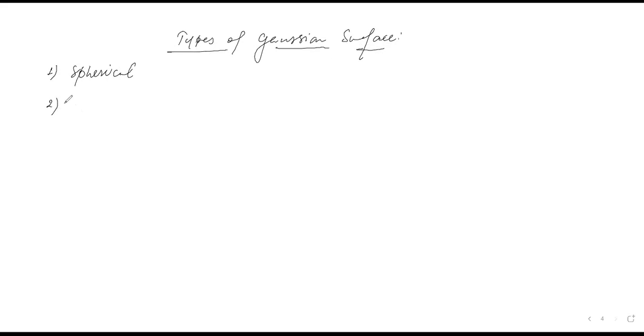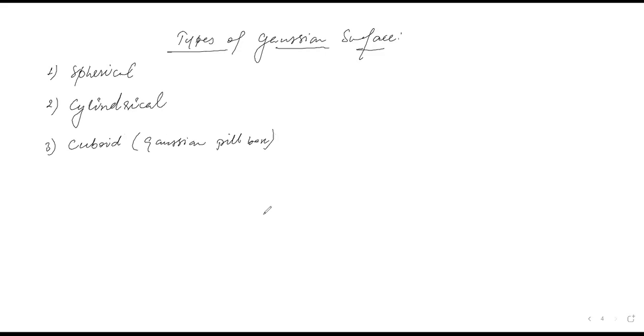The second one is cylindrical. And the third type is the Gaussian pillbox. You can write it like a cuboid. You can also consider it as a cuboid. Your cuboid is also known as a Gaussian pillbox.